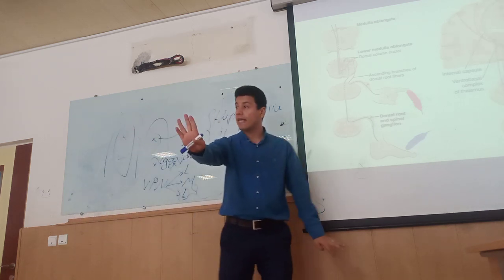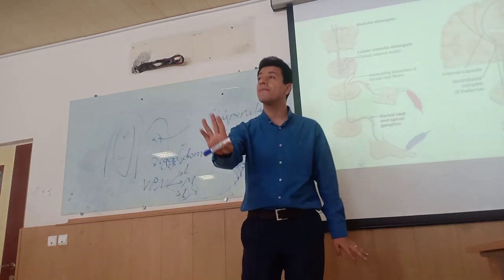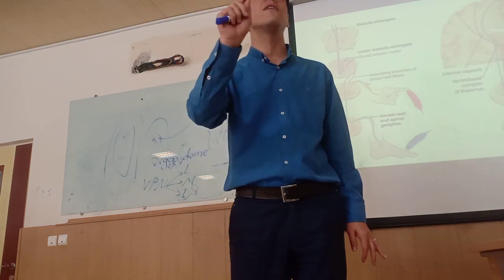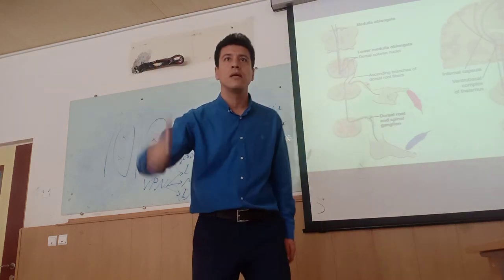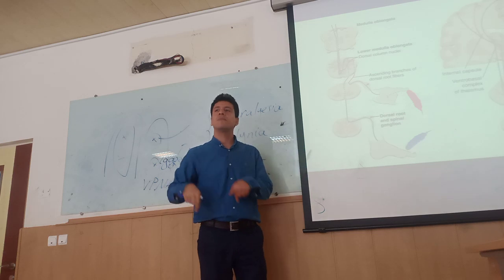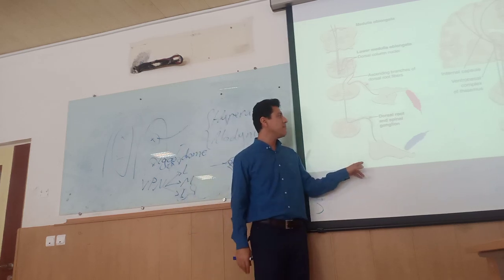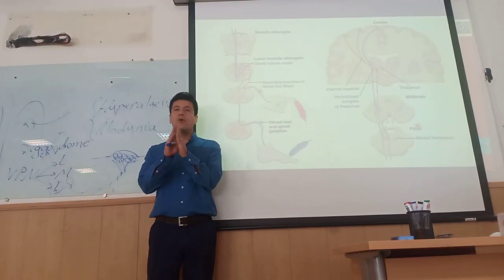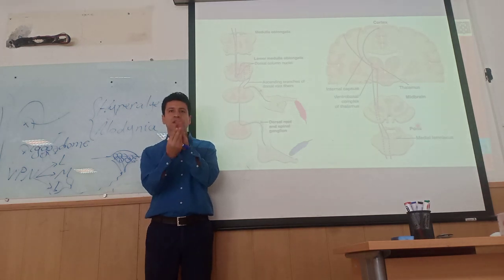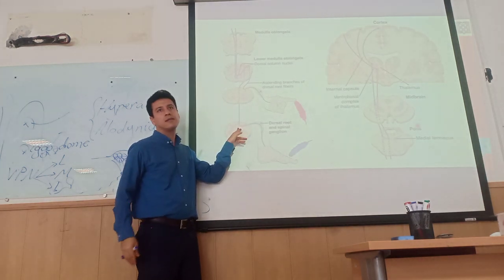Now let's see the orientation. I told you that in the DCML system, orientation of the fibers is very high. In the anterolateral system it is low. Orientation means the location or the relation between the fibers in the dorsal column.